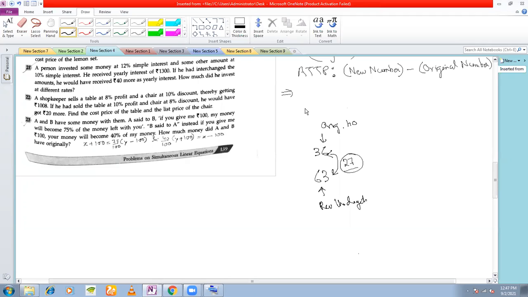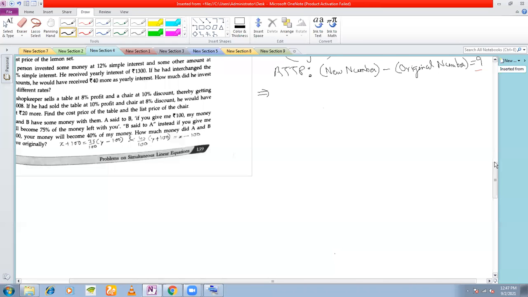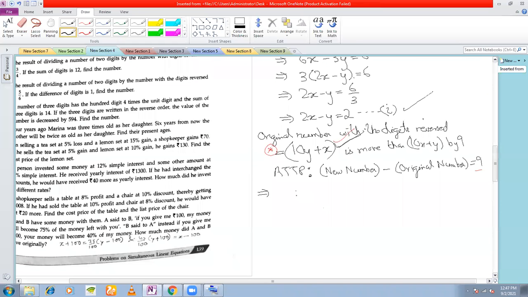Yes, sir. Good. So now when I reverse the digits, the new number minus the original number will be equal to 9. The original number was 10x plus y. Sorry, the new number is 10y plus x, and the original number was 10x plus y, is equal to 9.